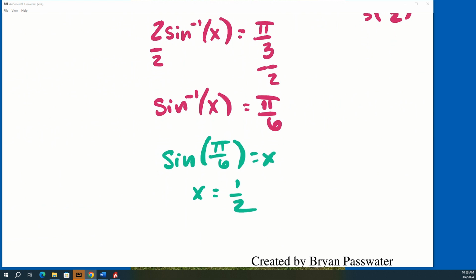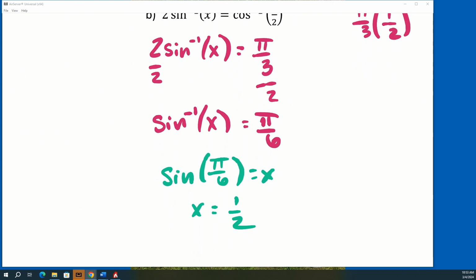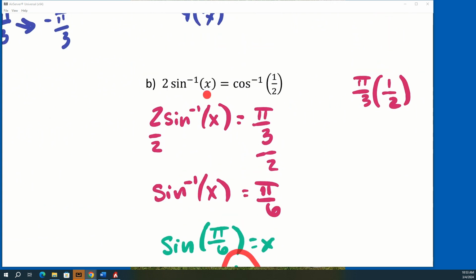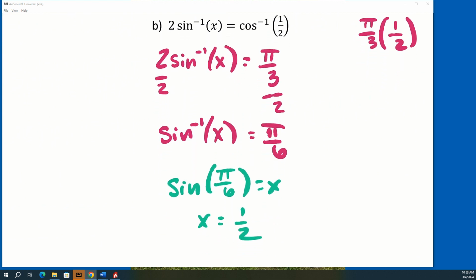And so we can check these if you wanted to. We can take that 1/2 and put it in here, and you should get the same thing on both sides of the equation. So you should end up getting pi over 3 equals pi over 3 in the end.